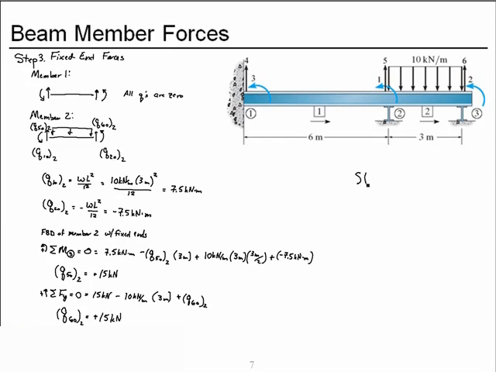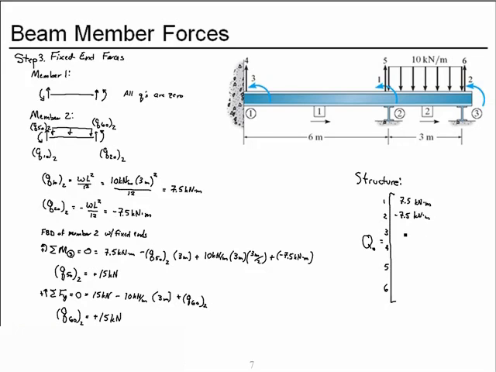So for the structure, our Q naught for our 6 degrees of freedom is given by the 7.5 kilonewton meters, degree of freedom 2, negative 7.5 kilonewton meters, and this one would have had a contribution from member 1 because degree of freedom 1 is common to both, but these were all 0.